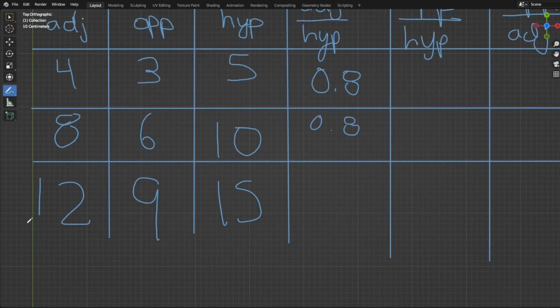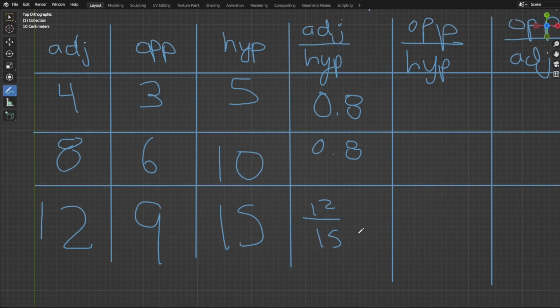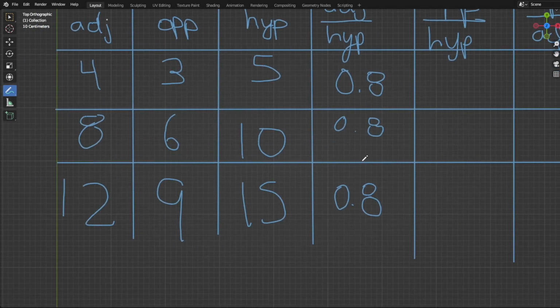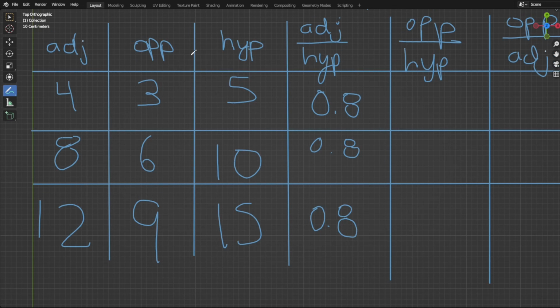What do we got? We got 12 divided by 15. This one's the adjacent, this one's the hypotenuse. That's 0.8 also. We'll have to confirm it using a calculator, because I can't do it in my head that easily, but I'm pretty sure it's that.